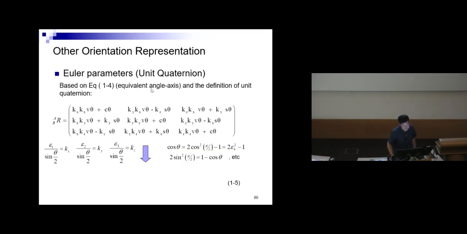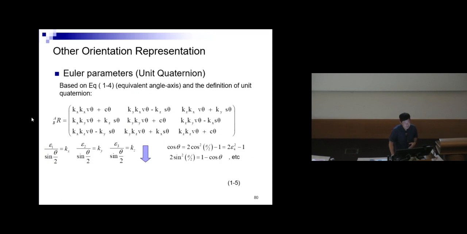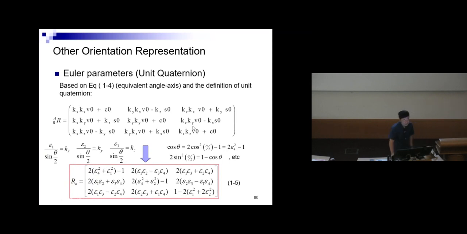So based on the equivalent angle axis equation, and then the definition of this Euler parameter, you actually come up with the AB error. You have the AB error given here. So with epsilon 1 being defined over here, go through a set of trigonometry deduction. So you use cosine theta equal to 2 cosine squared theta over 2 minus 1, and so on. And then you actually end up with this error epsilon.